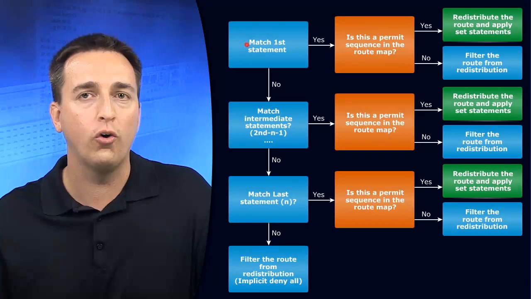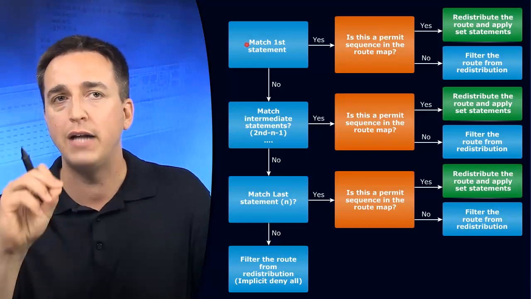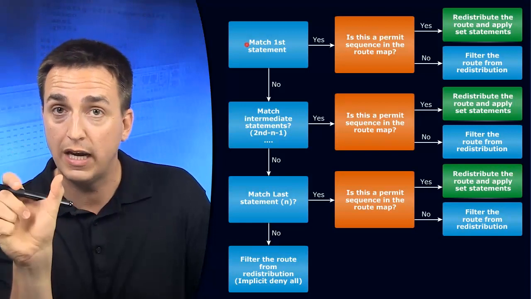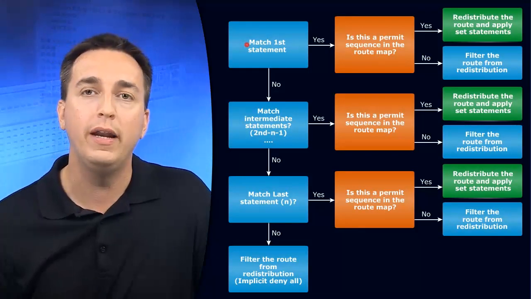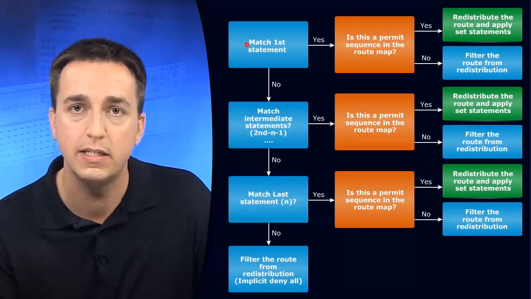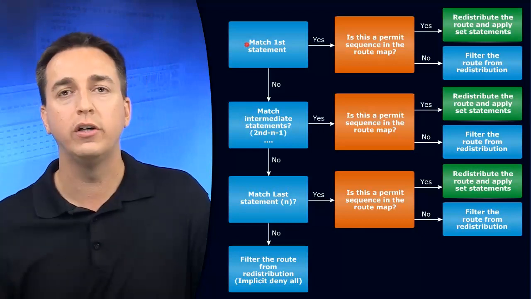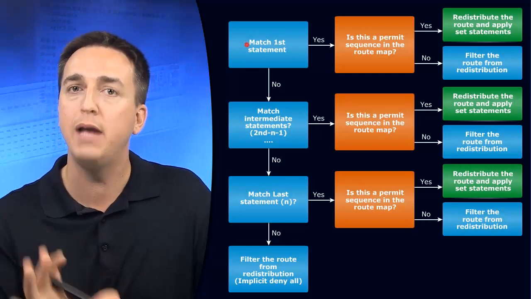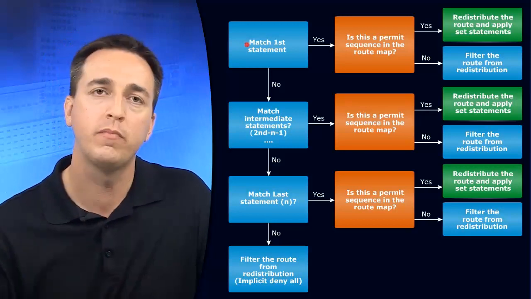So that's the OR logic. However, within a sequence, if the match conditions are on top of each other, so we have the first match condition, then a second one, and a third one, well, then it's this and this and this, and so on and so forth. So we'd have to match all of those within the sequence for it to be a perfect match.